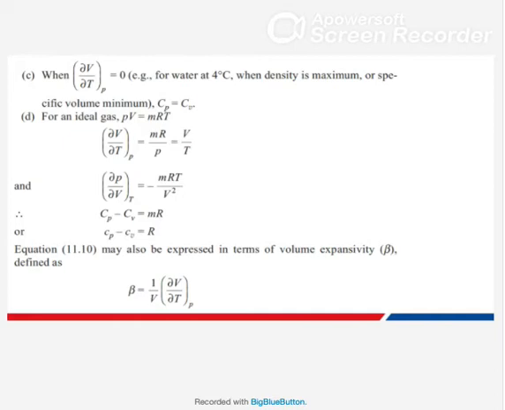Now, one more thing we can derive from here is that dou V by dou T at constant pressure, the change in volume with respect to temperature at constant pressure, is 0. Like for water, the density is maximum for this particular case. So in this case also, Cp is equal to Cv.